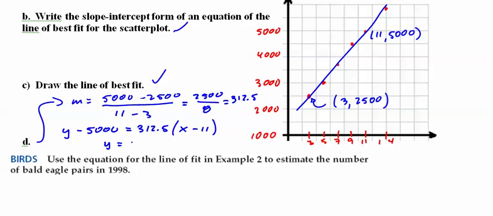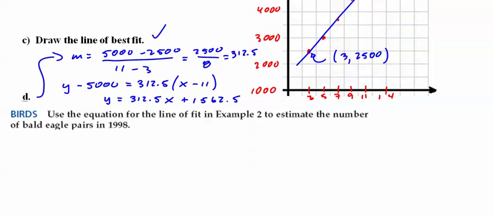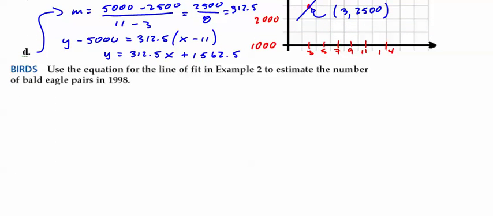So we get y equals 312.5x plus 1,562.5. And I would always check that. So I put in 3 here. I get very close to 900 plus 1,500, which is pretty close to 2,500. So that looks good.